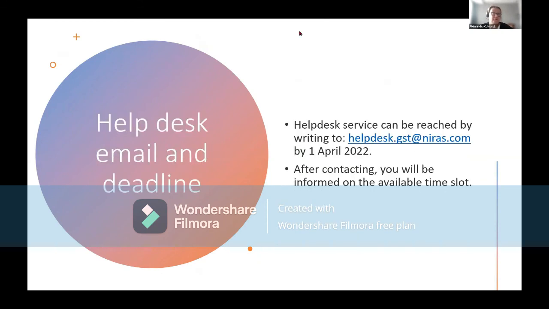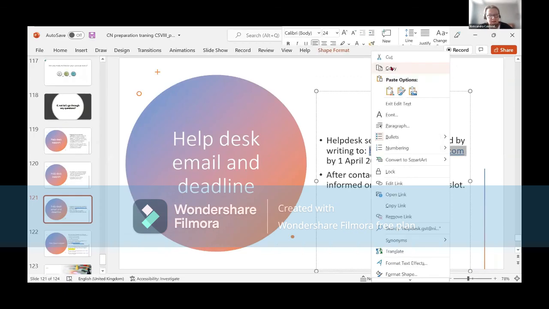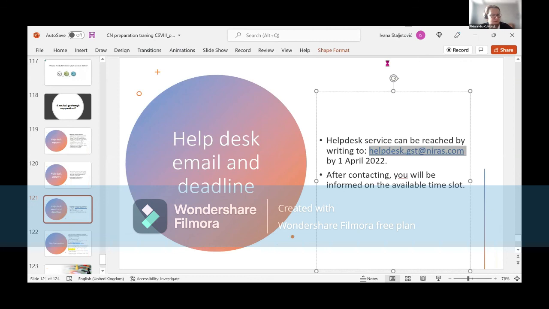At the end of the day, I know that this is a lot of information, but it's not rocket science. What you need to do now is to sit down with your co-applicants, or if you are applying alone, with your project team, and plan these concept notes. It's a 5-pager. It needs to be convincing, because we do expect some competition.